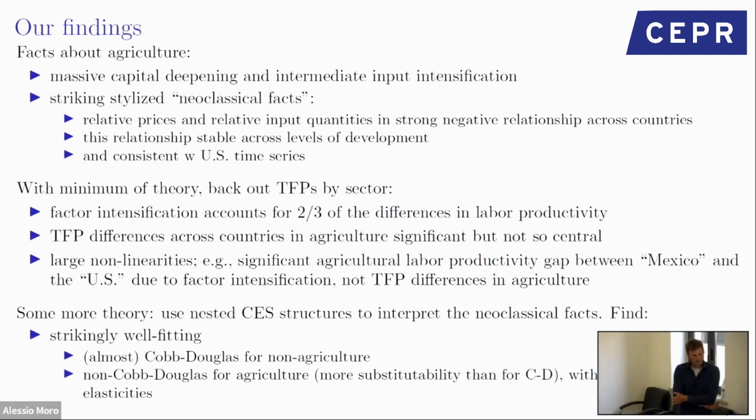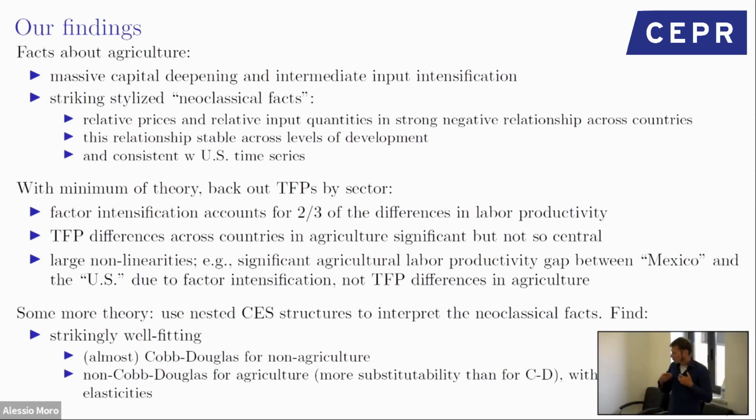So once you measure these two-thirds, the remaining third becomes comparable to aggregate differences in TFP across countries, or is there still some dispersion? Right, I'm going to show you, but it's going to be comparable to what we see in terms of TFP differences between the poorest countries and the richest country in non-agriculture. Okay.